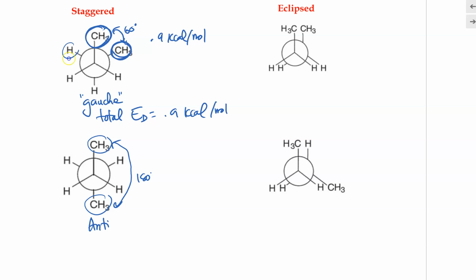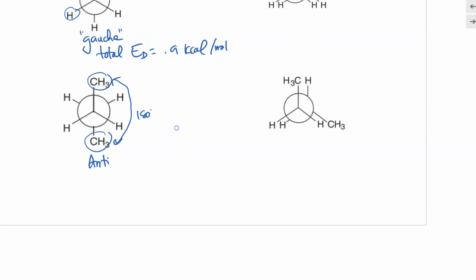The hydrogens do not have any static energy associated unless they are eclipsing each other. So in this case, this would equal 0. And overall, we only have these two hydrogens that are gauche with respect to each other, giving rise to that 0.9 kilocal per mole.